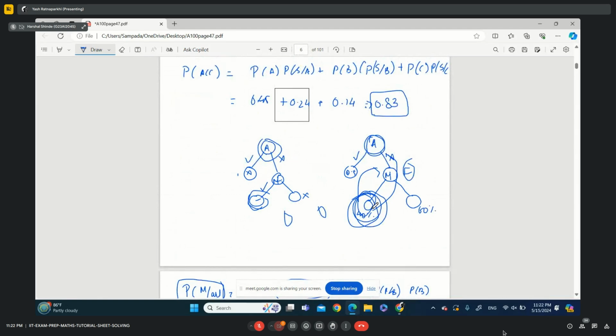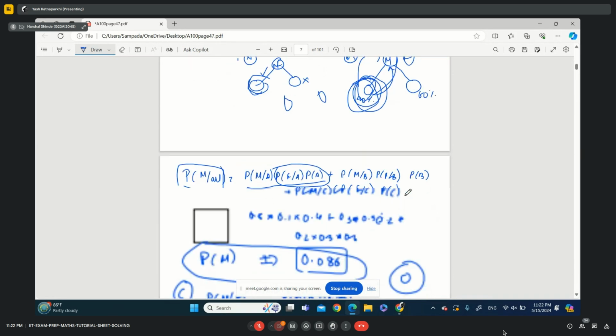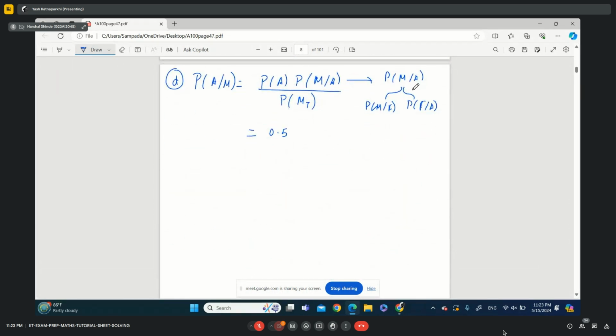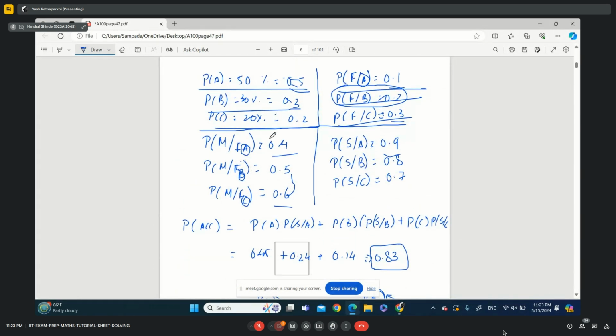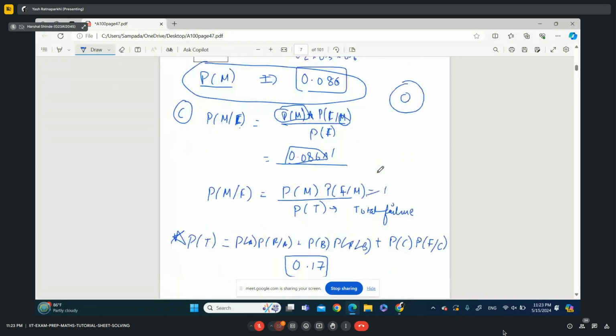So first of all, we need to find the probability of M given failure, and then failure when it is A. When we multiply these two terms, we will get the probability of marginal acceptance given that it is A. That's why I need to multiply these two values to get the final answer. So we have the probability of M given failure and the probability of failure given A. So we multiply 0.4 into 0.1, that is 0.04.